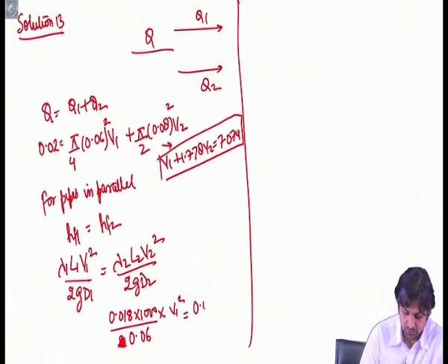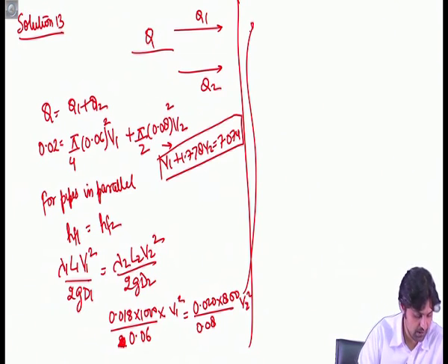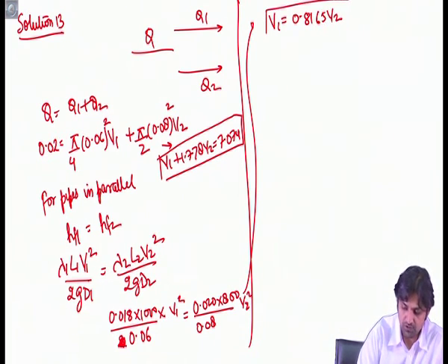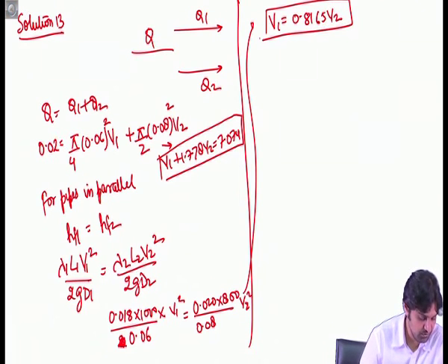This will be 0.020 into 800 into V2 square by 2G into 0.08. So, taking it here, we will get V1 is equal to 0.8165 V2. So, we have two equations in V1 and V2.